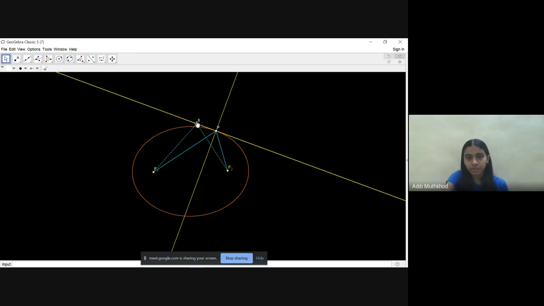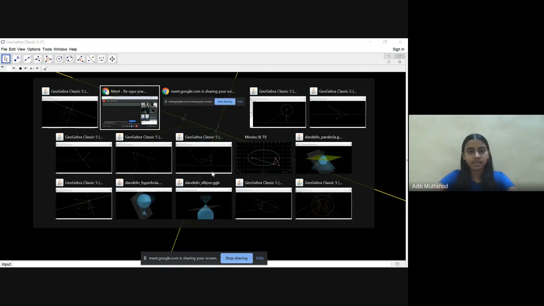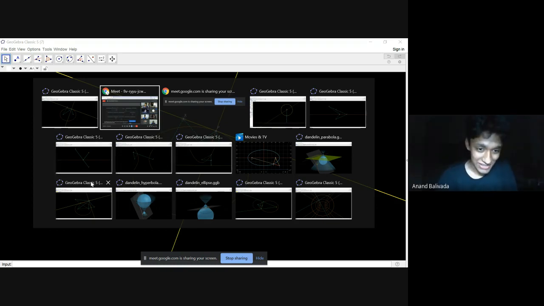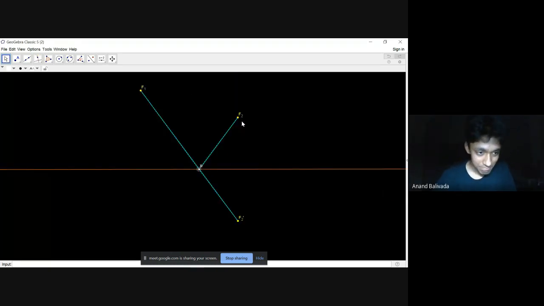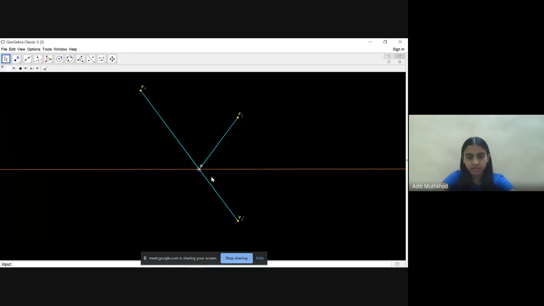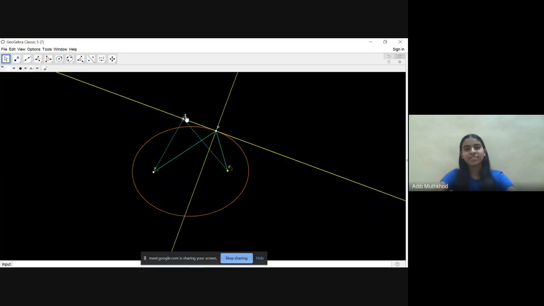Compare this to the first question we had, with F1, F2, and the line. It's in the same spirit. So we know that these angles are equal, and this is an angle bisector. The tangent bisects the external angle.